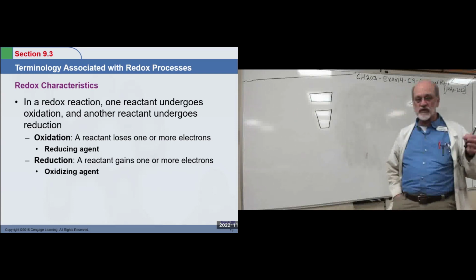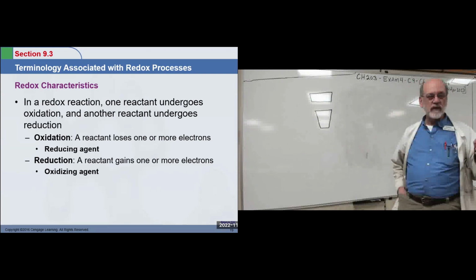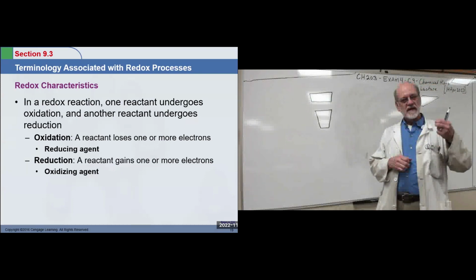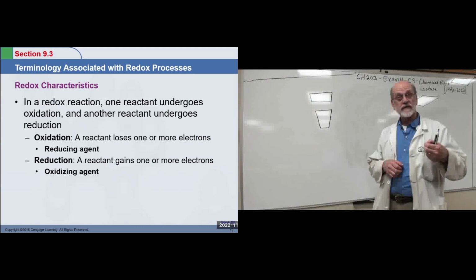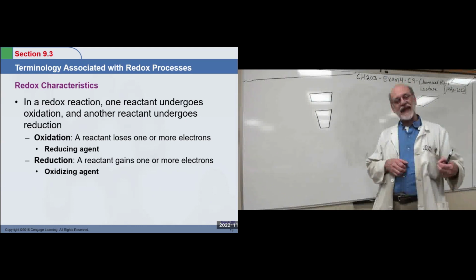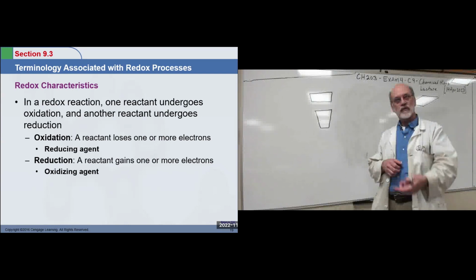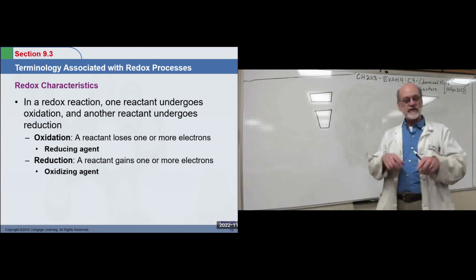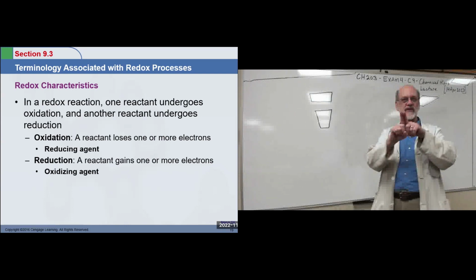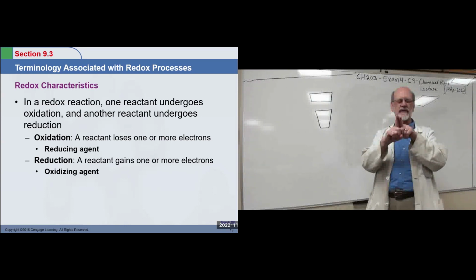If this is a redox reaction, then we say that the species that loses electrons is oxidized, and the species that gains those electrons is reduced. And these two always occur together. Oxidation, reduction, you never have them separate. You can't have one without the other.